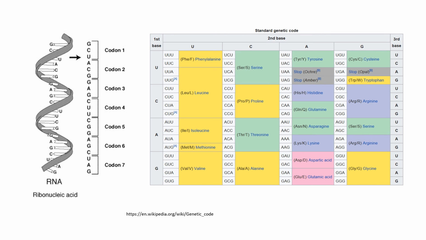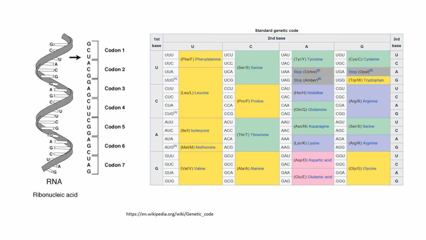Now, I had said earlier that there are 20 amino acids that make up the proteins in our bodies. If we think about it, each codon, each word, is made up of three letters.